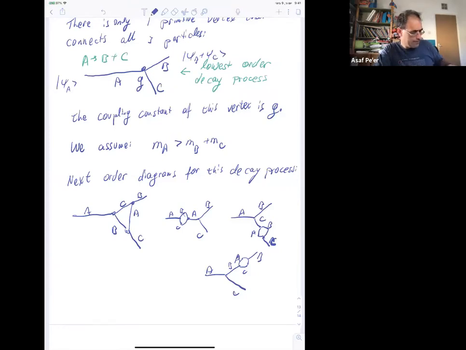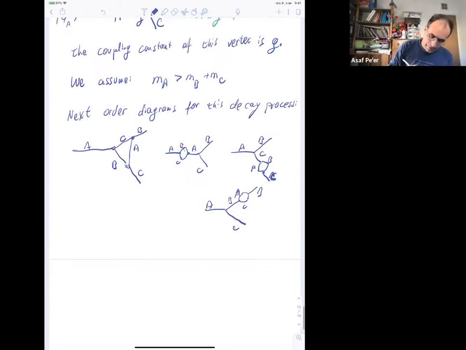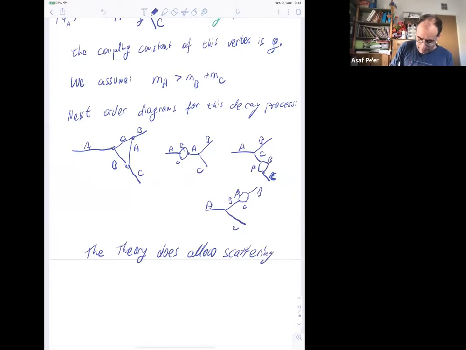All right. Now it does allow scattering, right? This theory, right? So the theory does allow scattering. For example, we can have an A goes into B and B, or AB.